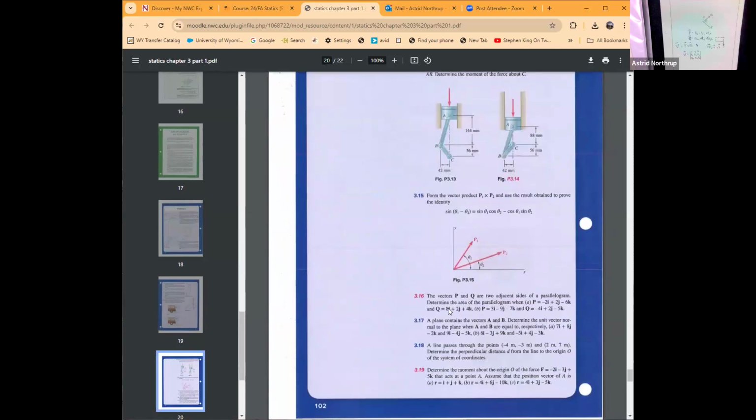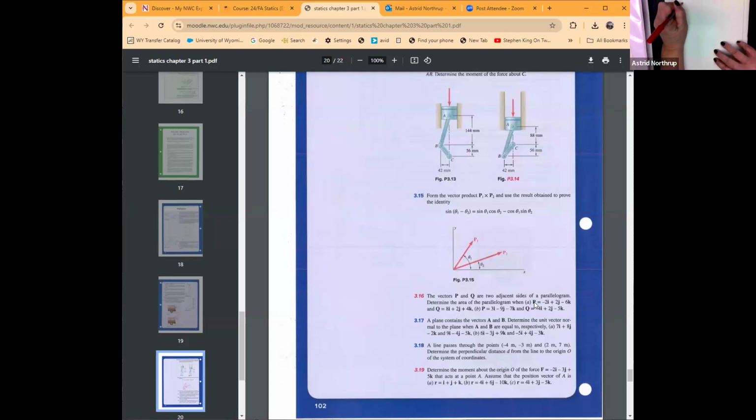Okay, let's look here at number 316. We have the vectors P and Q are 2 adjacent sides of the parallelogram. What I want to do is just take these 2 vectors P and Q and multiply them together. So this is just a math exercise to kind of get us started.